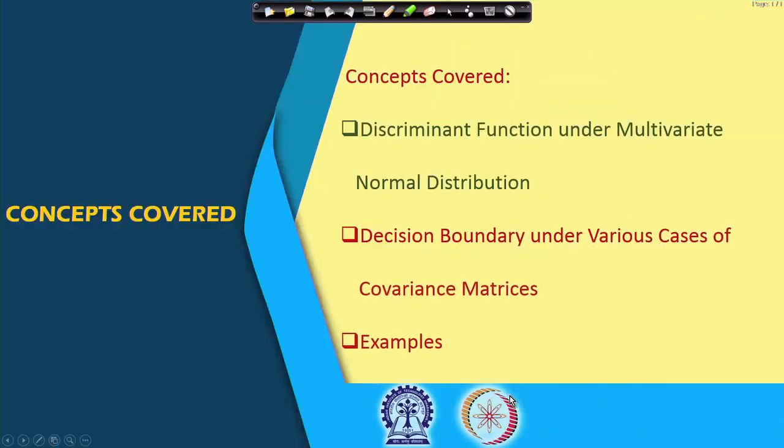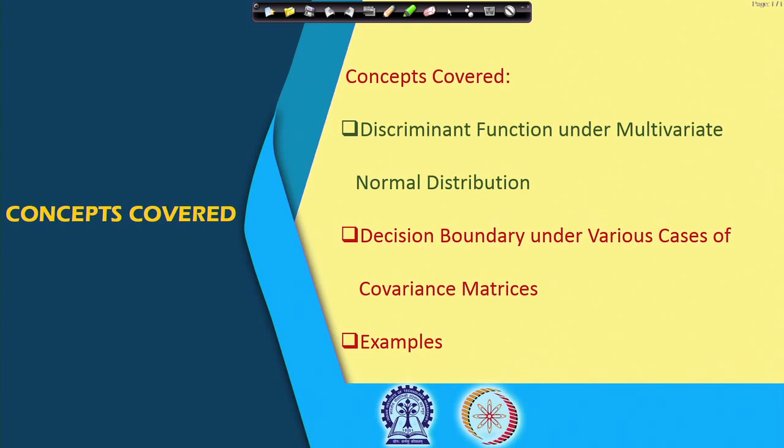You remember that in the previous class, we had started our discussion on discriminant function and the boundary between different classes. So, in the previous class, we talked about the discriminant function under multivariate normal distribution, and in today's class, we are going to continue with our previous discussion, and we will see how the decision boundary between different classes can be obtained under various conditions of the covariance matrix.